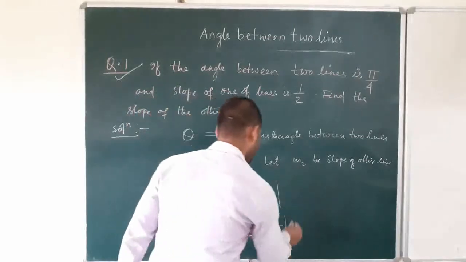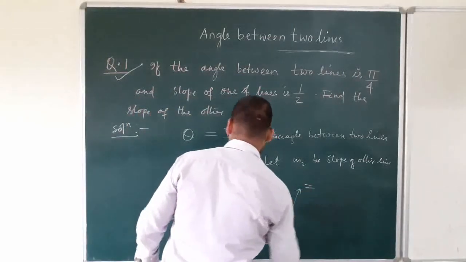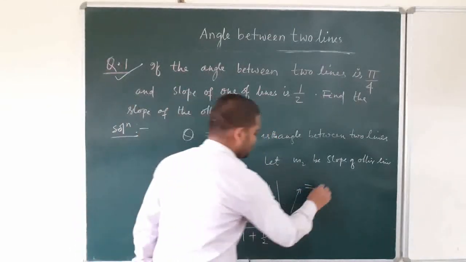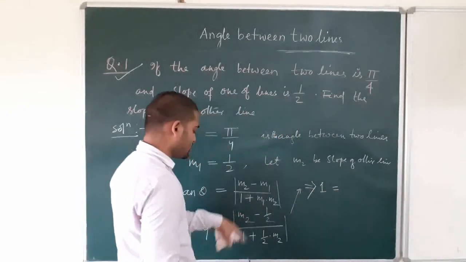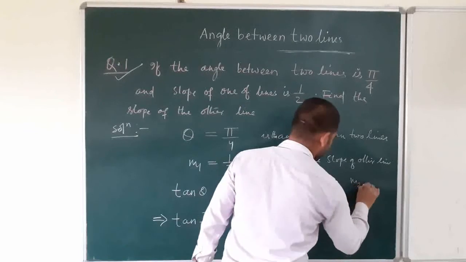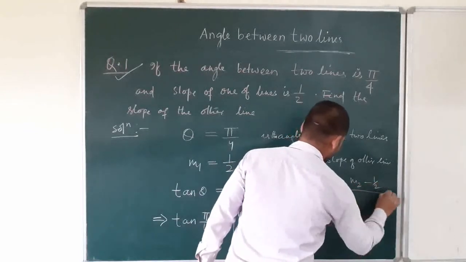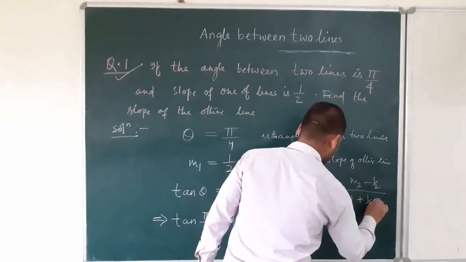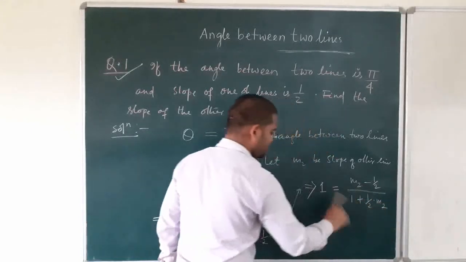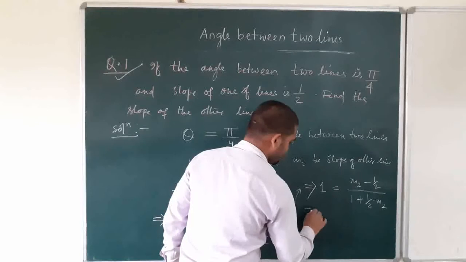So here you get tan 45 degree, you know, 1 is equal to this, it is positive, so you may write like this.